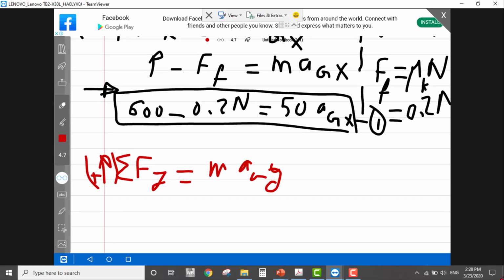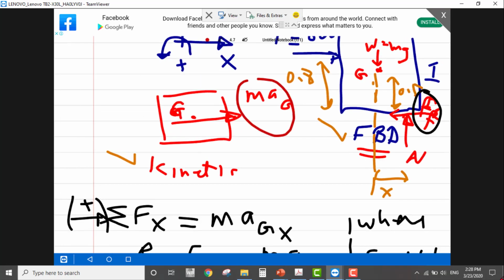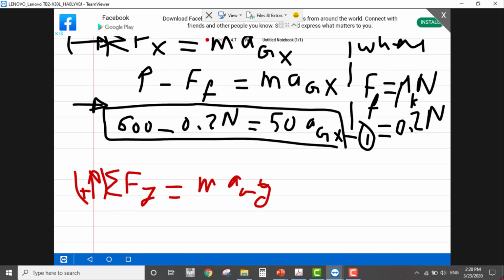Let's go back to the kinetic diagram. In the kinetic diagram, we have only m a_G, acceleration in the x direction only. So simply, we can write this is equal to 0. Its value is 0. The crate will translate only. It will not fly. It only moves horizontally.